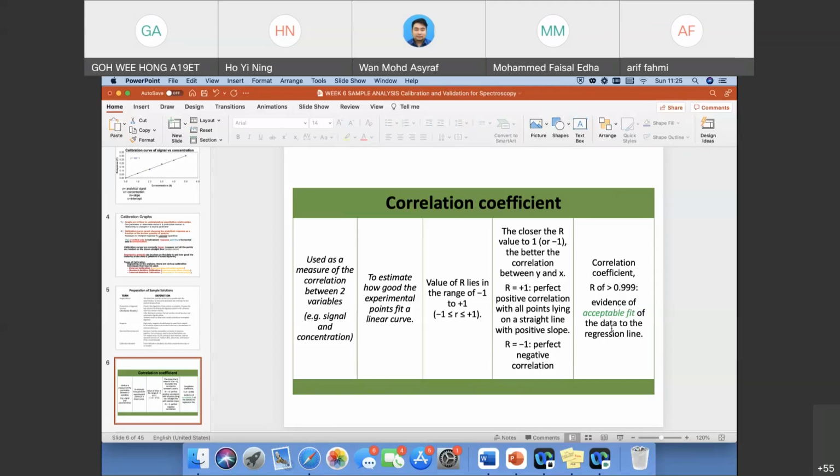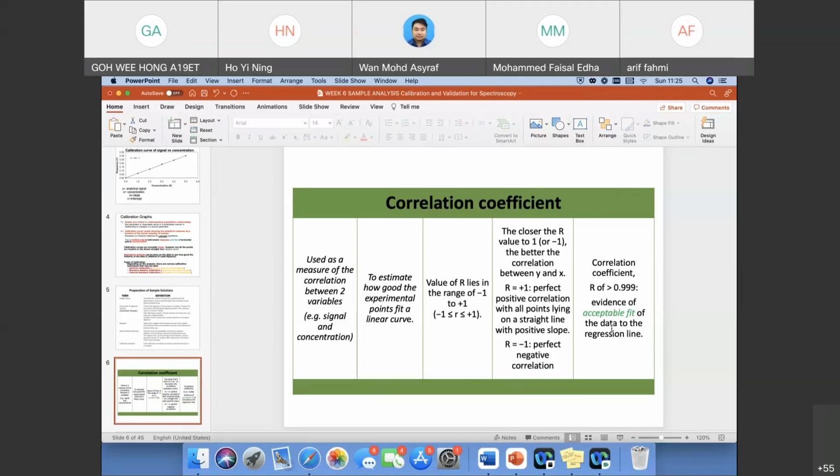So now what is our aim? Our aim is to get the calibration curve to become 0.9999, because you would not be able to get one. One is in an ideal world, without random error, but we are not living in an ideal world. So your aim is to be able to get R to become 0.9999.